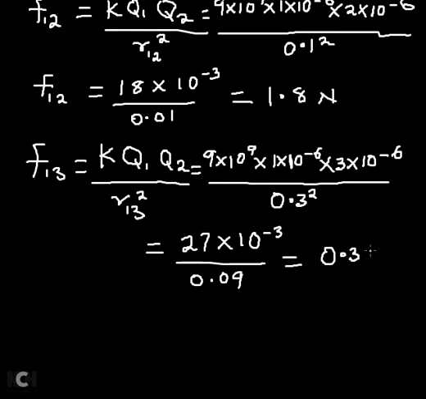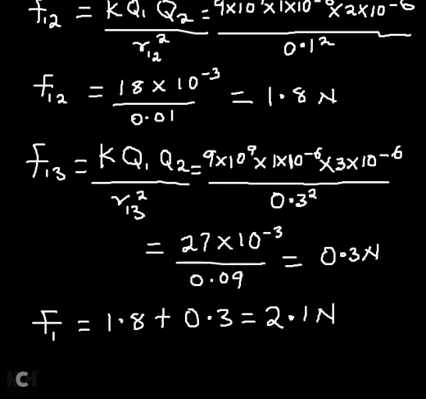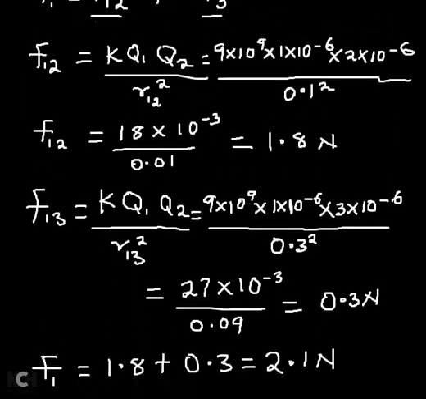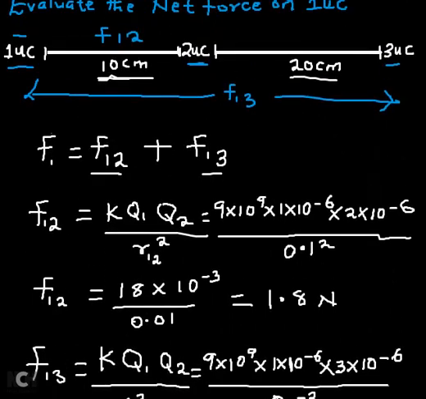So that's 0.3 Newton. Now let's finalize our answer. F1 is going to be equal to F12, which was 1.8, plus F13, which is 0.3. If you add these, you're going to end up with 2.1 Newton. That is the resultant force on Q1.